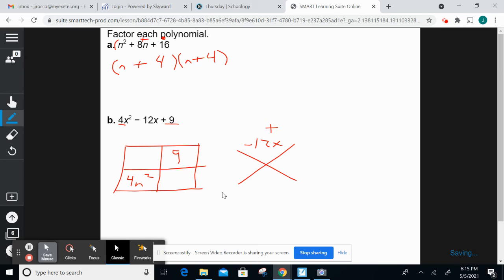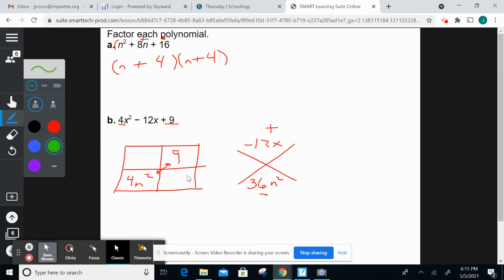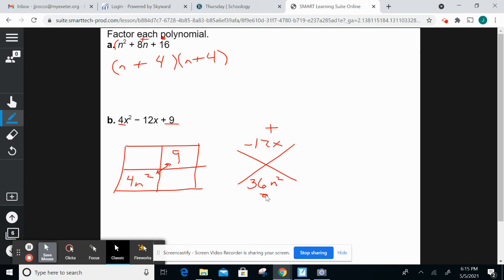All right? We need to narrow that down. There's a lot of things that add to negative 12. So diagonal. 9 times 4 is 36. And I just got that by multiplying the diagonals. Because the diagonals that we're going to pick also have to multiply to 36. So that's why that works.